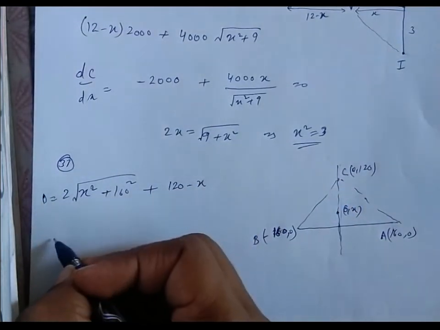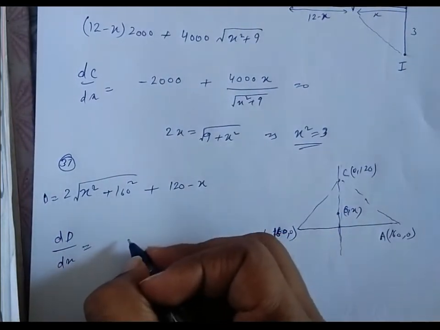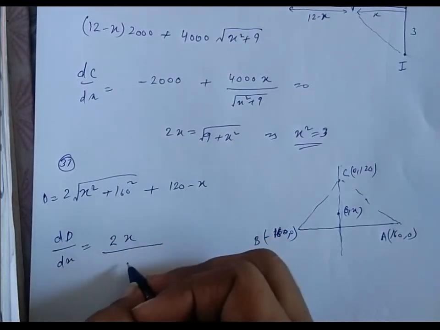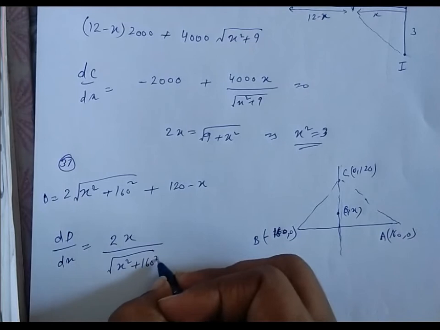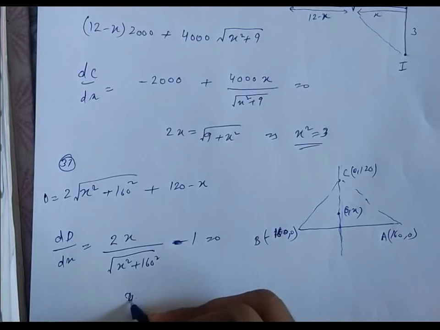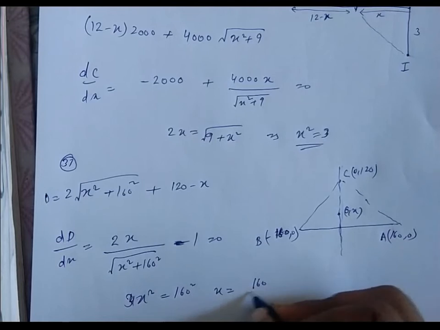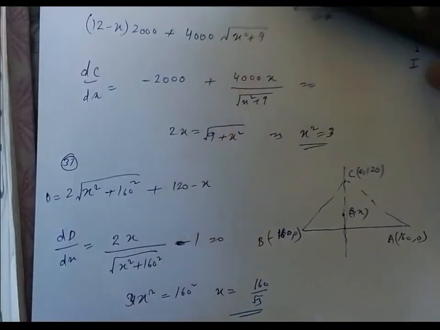D is equal to this. Now dD by dx is equal to 2x upon square root of x square plus 160 square minus 1, which is equal to 0. Hence 3x square is equal to 160 square and x is equal to 160 by root 3. Okay. Moving on to the next question, question number 38.